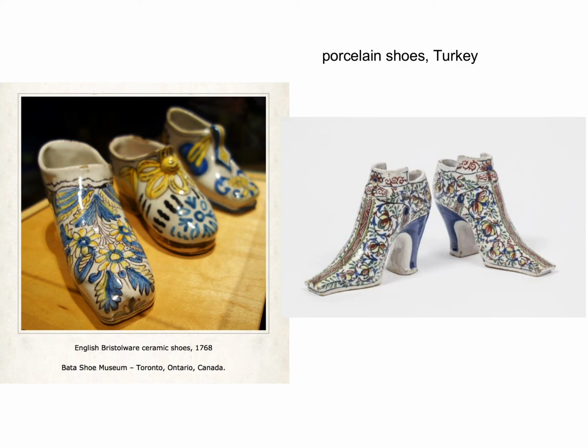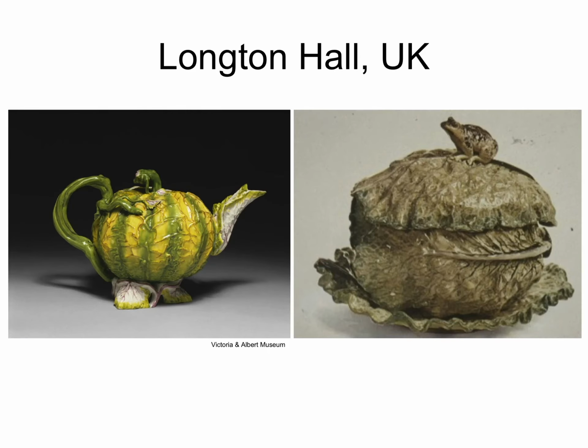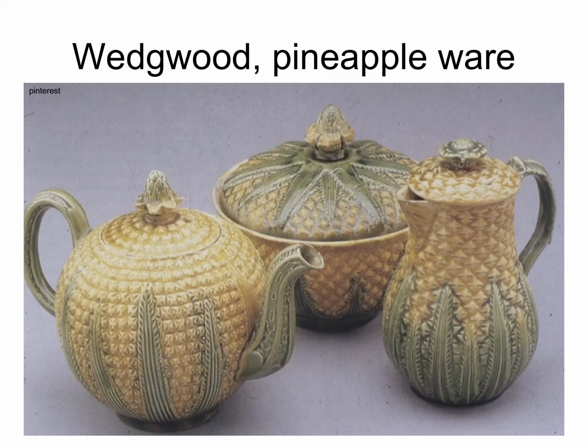So the ceramicness of the object is very obvious from the get-go, like those cabbage pieces and all those fruits and vegetables we find. When we come across a cabbage teapot, we know it's not a cabbage because the teapot takes precedence in our mind as we read the object. But at the same time, it looks like a cabbage in a reasonably convincing way, and this is what could be called the realist object.